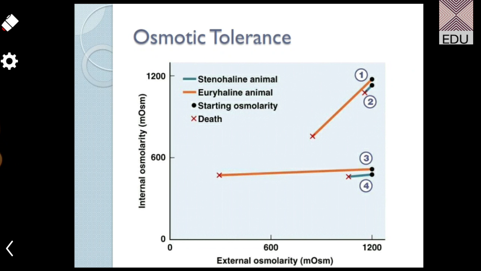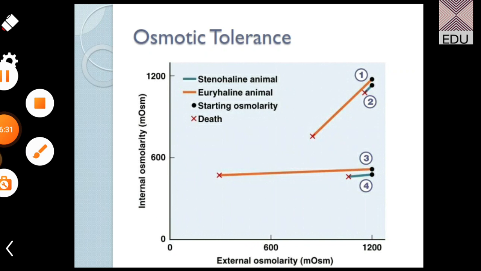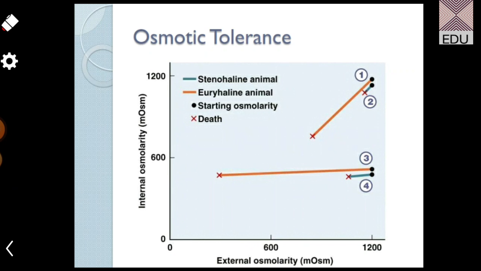But if we go with line number 3, it is not a conformer, but it is regulating its internal environment. Here we have the external change from here to here. But what is the change of internal environment?